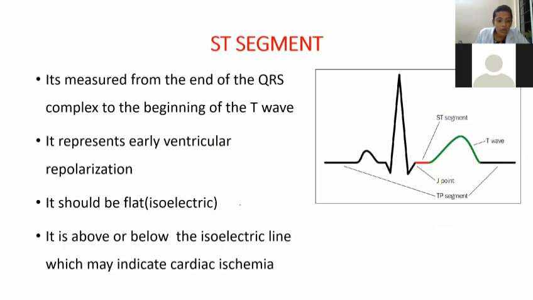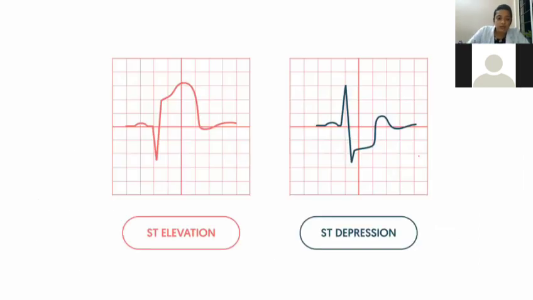If it is above or below the isoelectric line, it may indicate coronary ischemia. Here you can see the J point. This is the J point. It is marked in the image. So if there is a positive or negative deflection in the ST segment, then it will indicate myocardial ischemia. Here you can see the ST elevation.